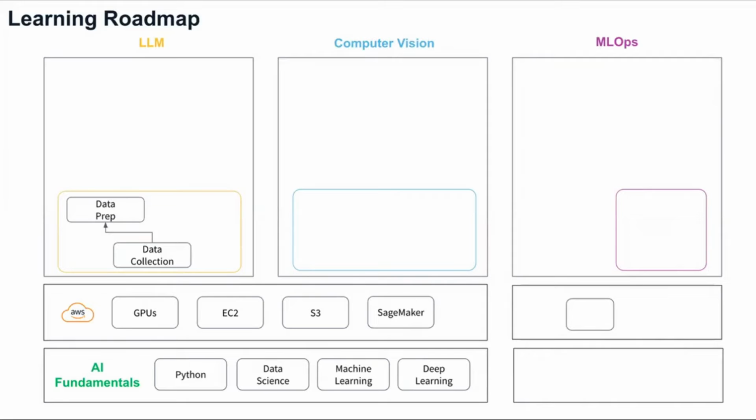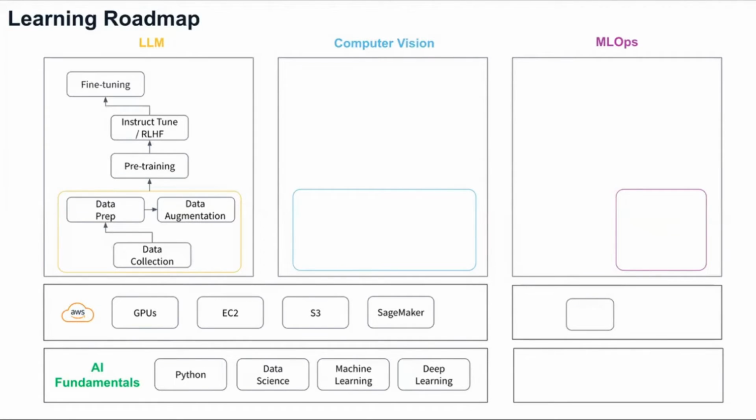That's not the traditional data preparation we learn in a data science course. That's data preparation and augmentation for large language model applications. And then pre-training large language models, instruction tuning, and after that, fine-tuning your models and building RAG applications. So this is what I would recommend as the learning path.